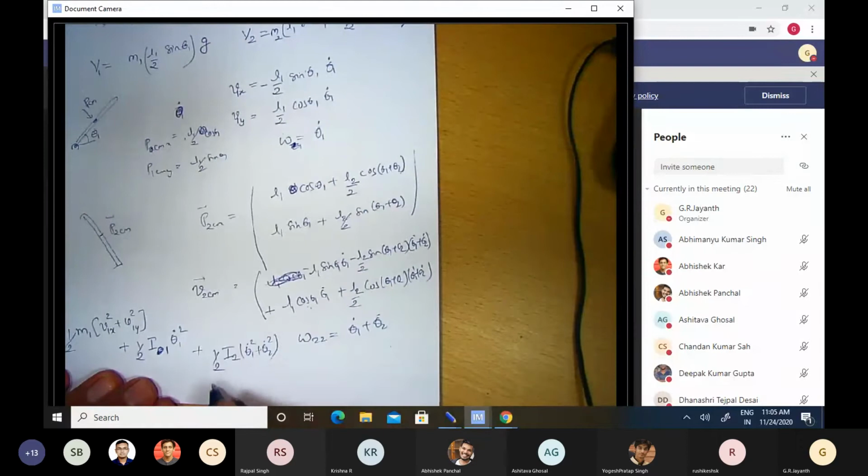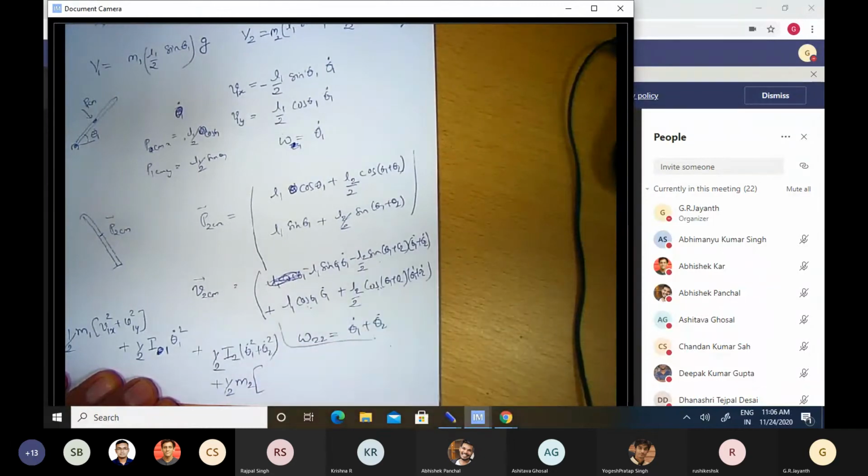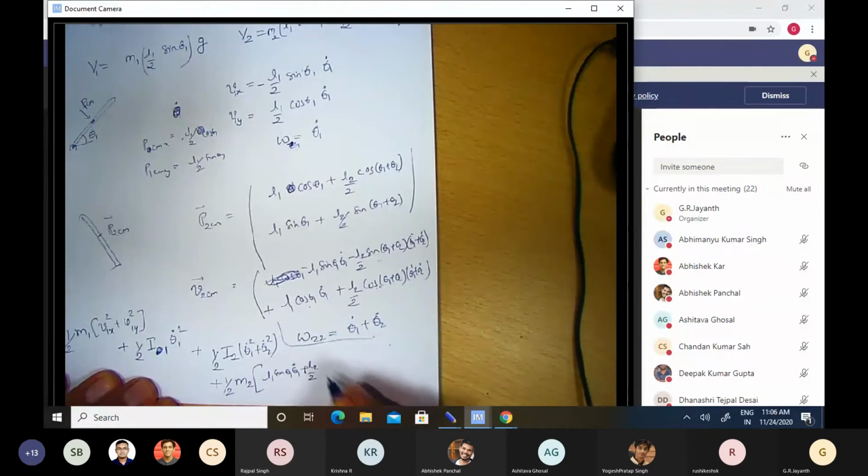And then there is the kinetic energy associated with translation, and I'll have a big expression for that. I have to substitute essentially these two terms, the x component and y component. It will be L1 sine theta 1 theta 1 dot plus L2 by 2 sine of theta 1 plus theta 2 times theta 1 dot plus theta 2 dot, the whole squared, plus the other one, L1 cos theta 1 theta 1 dot plus L2 by 2 cos of theta 1 plus theta 2 times theta 1 dot plus theta 2 dot, the whole squared.